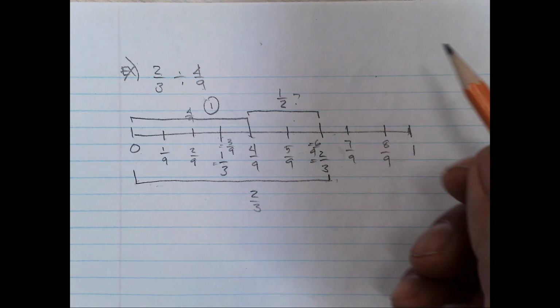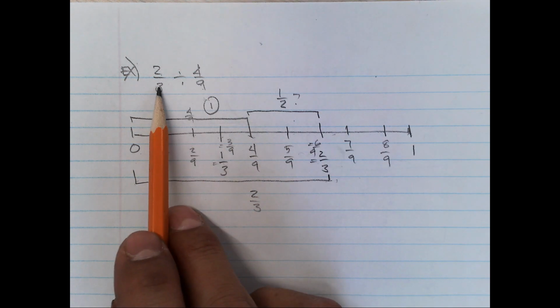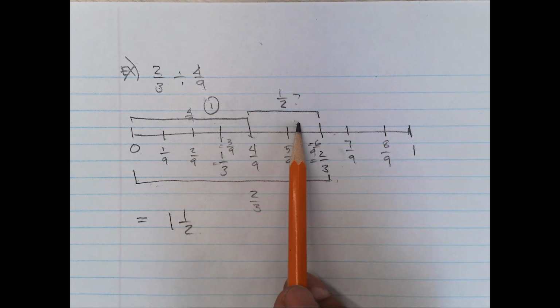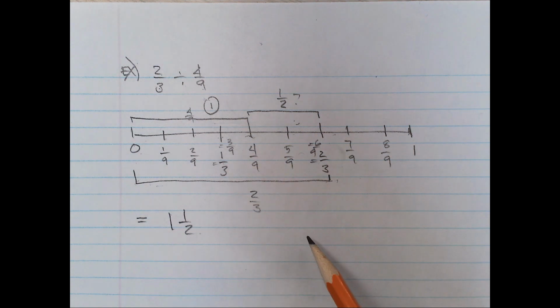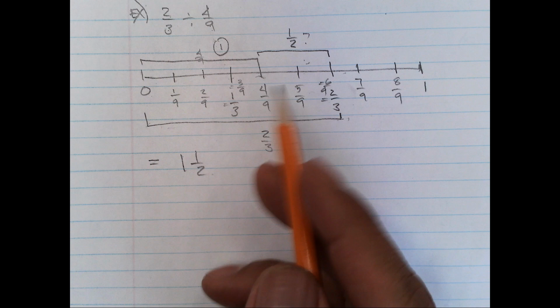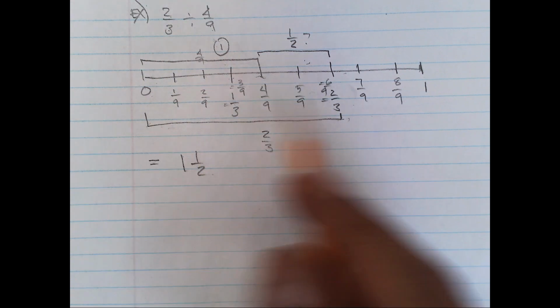So my guess, how many 4/9 are there in 2/3? I think our guess is 1.5, because there's only 1.5 of 4/9 in this 2/3. Okay, I hope that makes sense. And that's how you model dividing fractions on a number line.